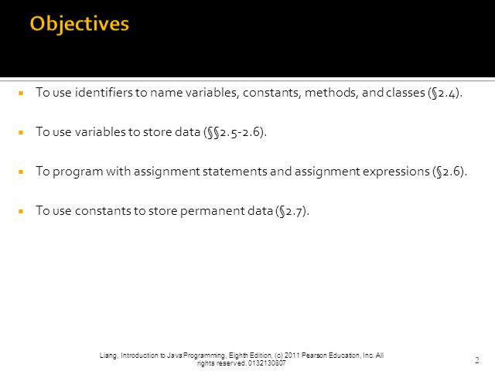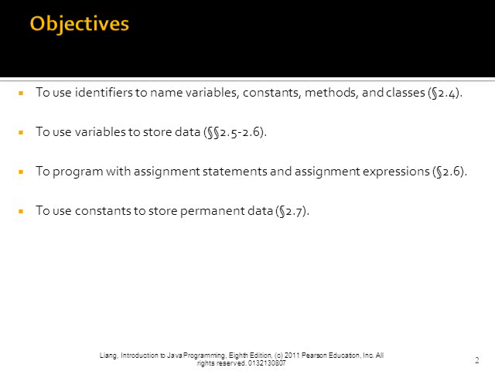In this lesson we'll talk about identifiers, and particularly those identifiers used to name variables and constants and classes, and provide some guidelines on naming conventions. Talk again about variables.